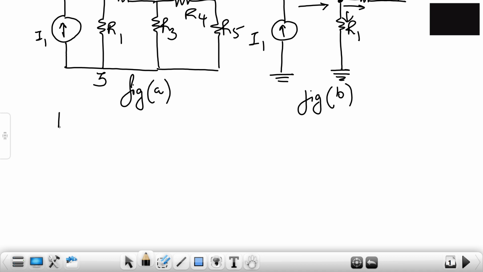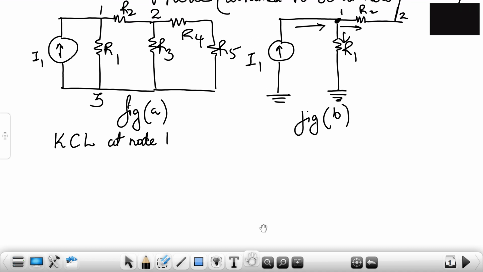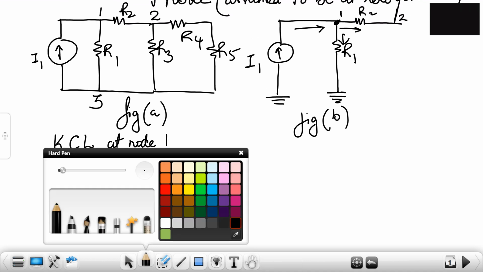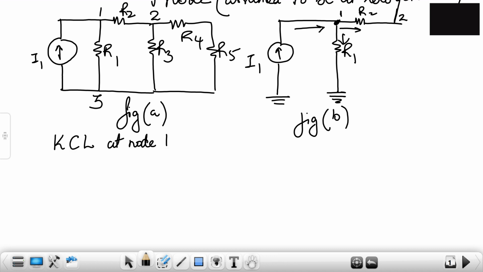Now let's apply Kirchhoff's current law, that is KCL, at node 1. So when we apply KCL at node 1, the current entering is equal to current leaving the node.